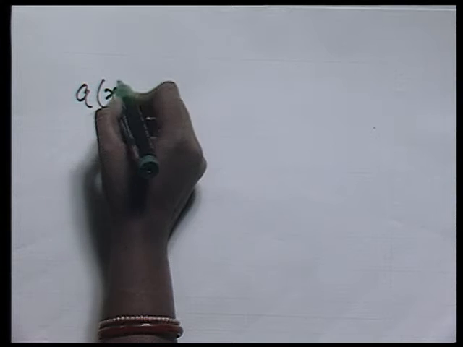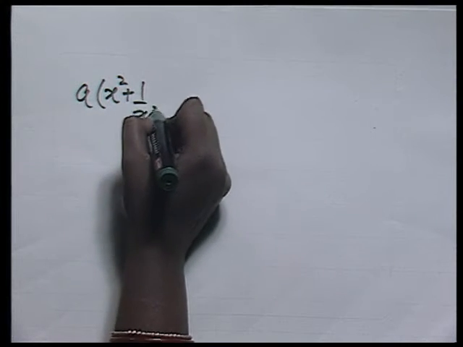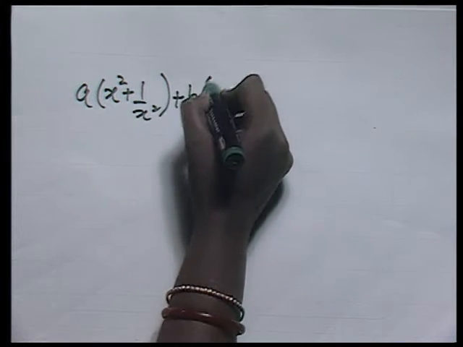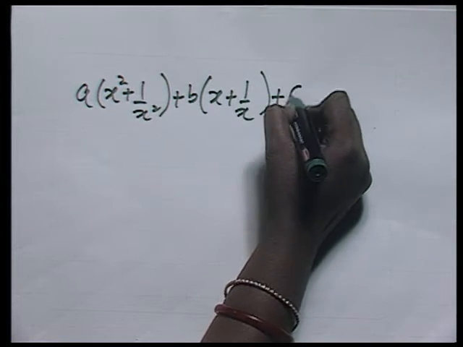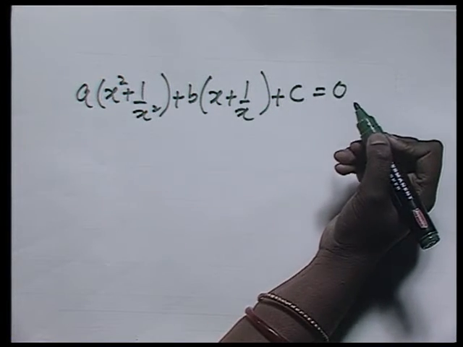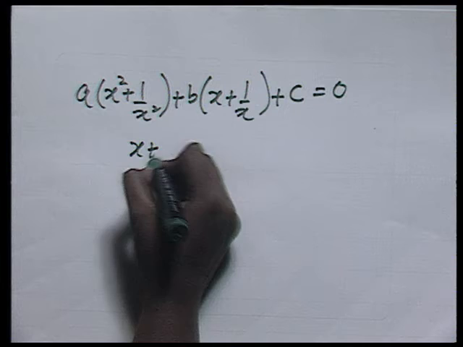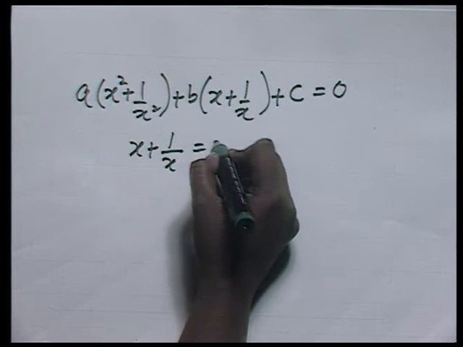Thus, we find that we can solve equation of the form a x square plus 1 upon x square plus b into x plus 1 upon x plus c equal to 0 by simple substitution x plus 1 upon x is equal to y.